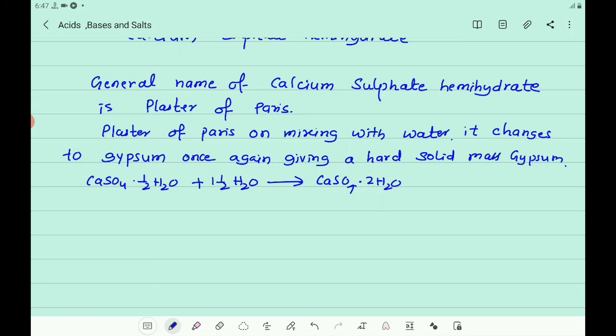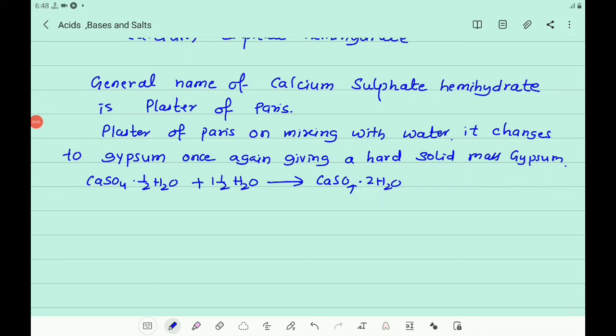It is also used in making toys, materials for decoration and for making surfaces smooth. Its special property is setting. When wetted with water, it forms a solid plastic mass and heat is given out during this process, and finally a hard porous mass results within 10 to 15 minutes.